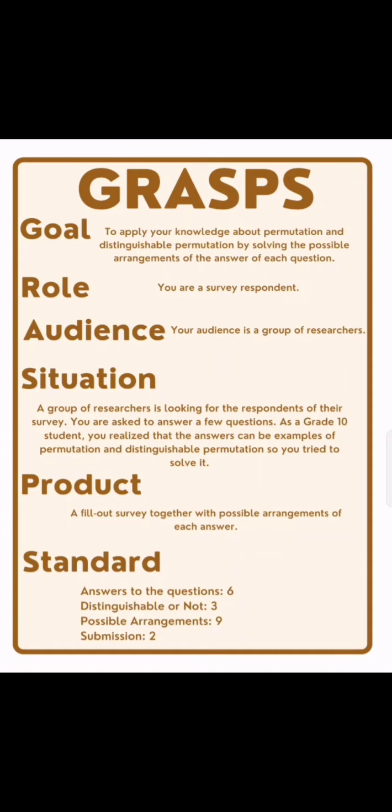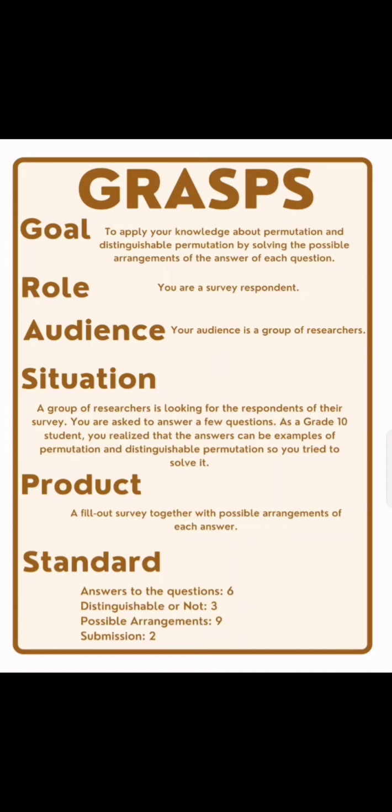Answers to the question: 2 points per question, and there are 3 questions, so a total of 6 points. Distinguishable permutation or not: you have to identify if the answer is an example of distinguishable permutation or not. How do we know if it is distinguishable or not?